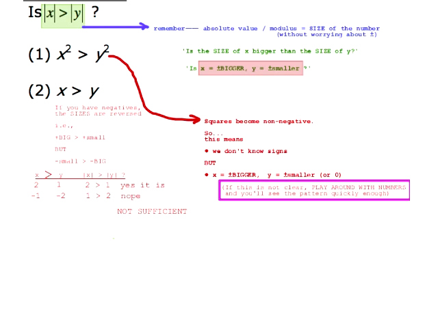So statement 2 is not sufficient, and statement 1 is sufficient, which means the answer is A. If you take -1 and 0, then this is still 1 and this is still 0, so this will be yes every time for statement 1. So try it out. You might be forgetting to take absolute values up here.